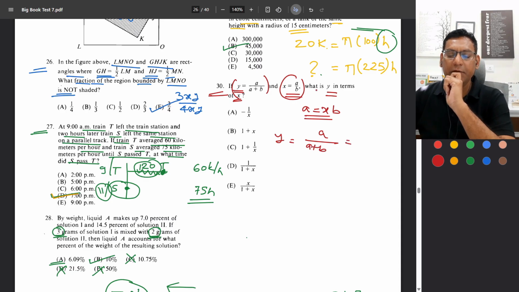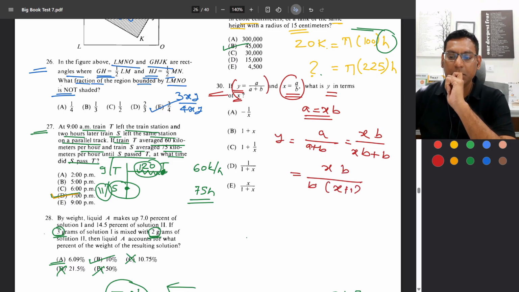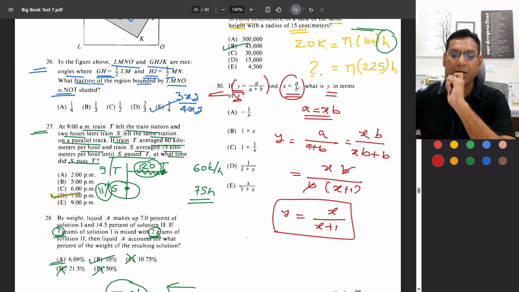If a is xb, I get xb by xb plus b. If I take b out, it's xb by b times x plus 1, and b gets cancelled. What do I get? x divided by x plus 1. So that is y in terms of x. X by x plus 1, answer choice E.